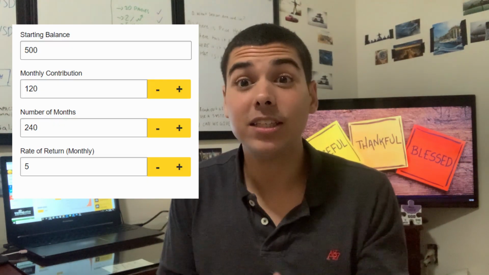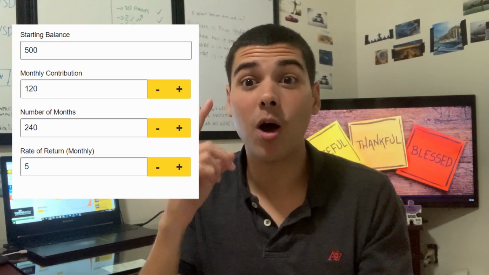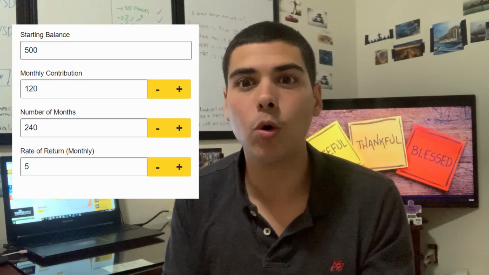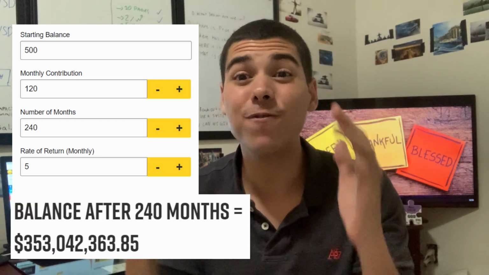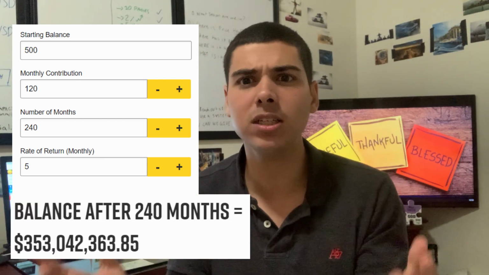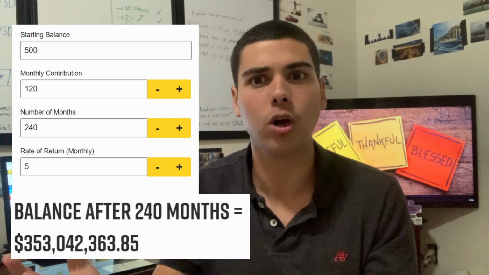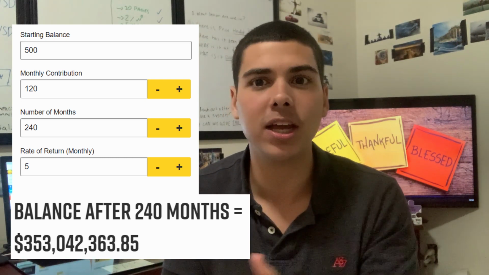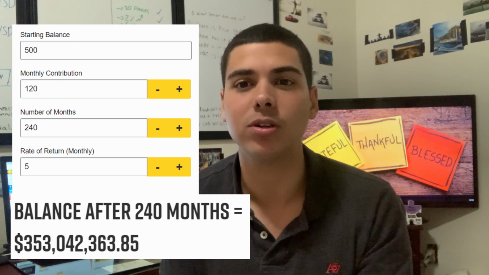But what if you go ahead and add another 10 years? In 10 more years, you go from being a millionaire of just 1 million to over $350 million, and you didn't change anything. You just started with the $500, kept putting in $120. That is the power that compound interest can have in our lives.